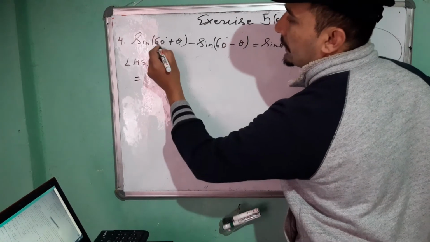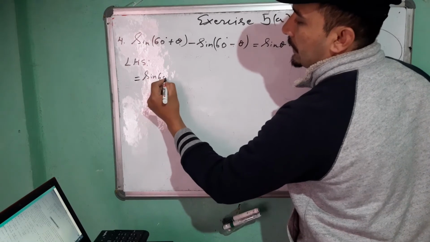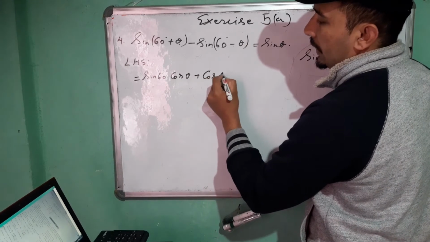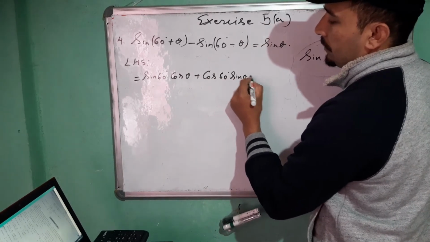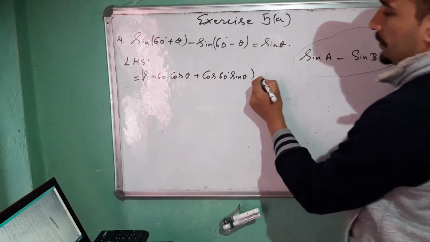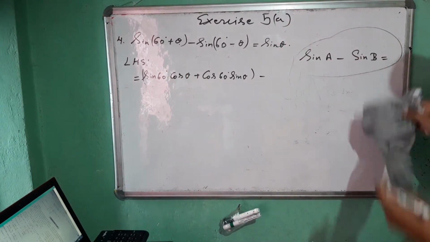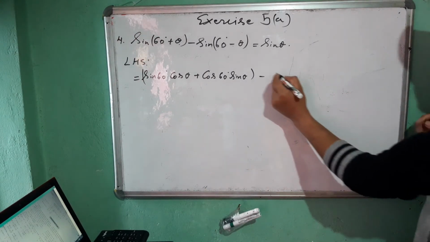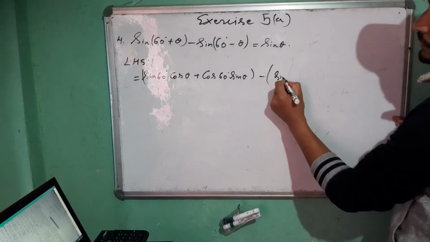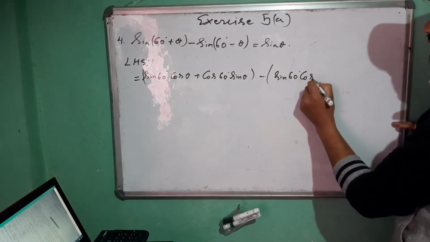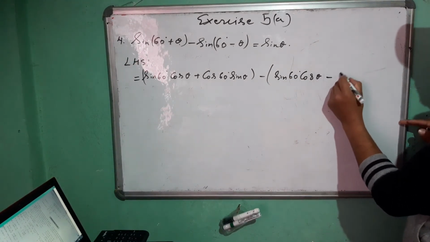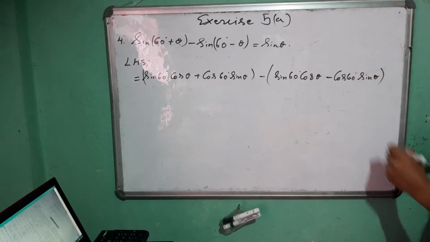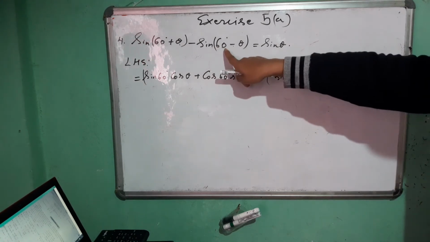From the left hand side, sin(A plus B) will be sin A cos B plus cos A sin B. This part is done. Minus, the second part is sin A cos B minus cos A sin B. This is sin(A minus B).